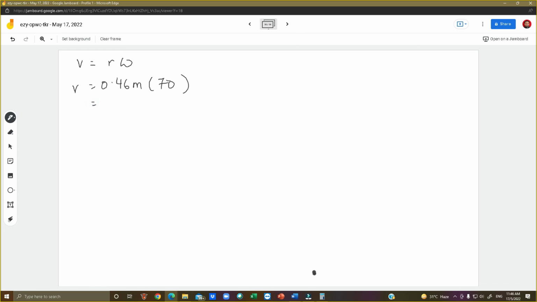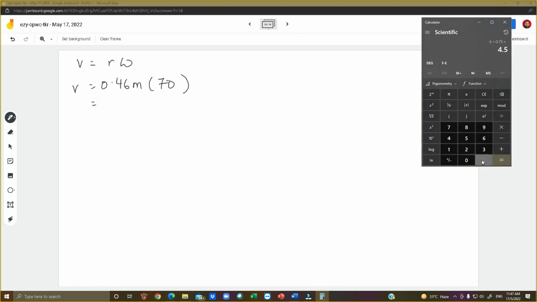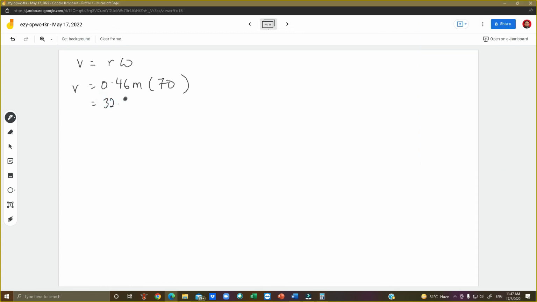So how much is V? It will be 0.46 times 70, 32.2 meter per second. This is the speed of the ball. We have not included the angle yet.